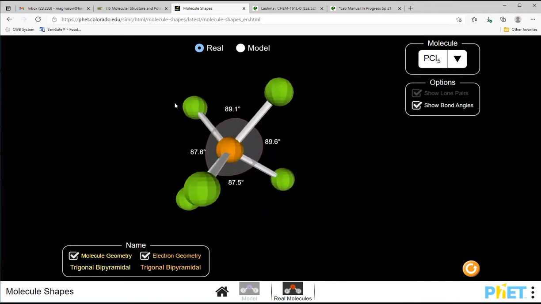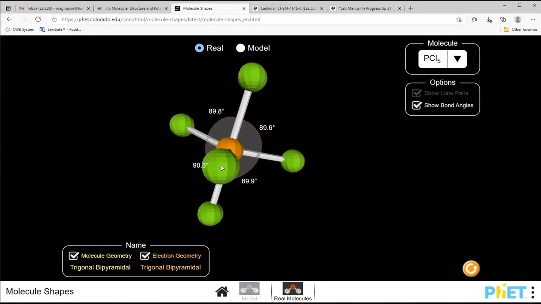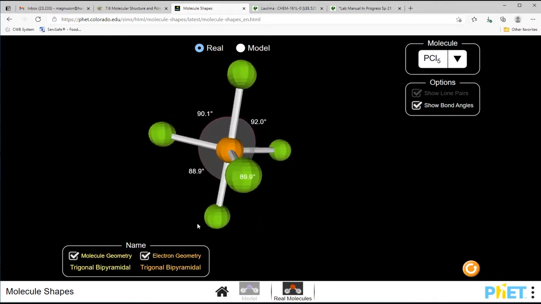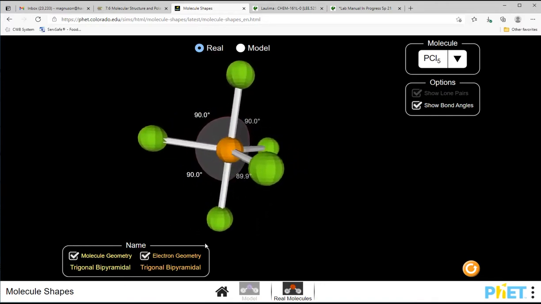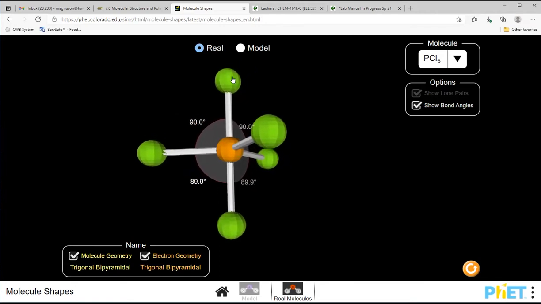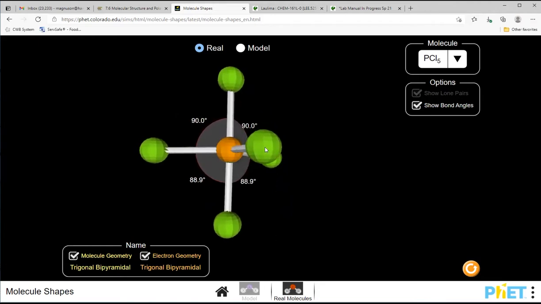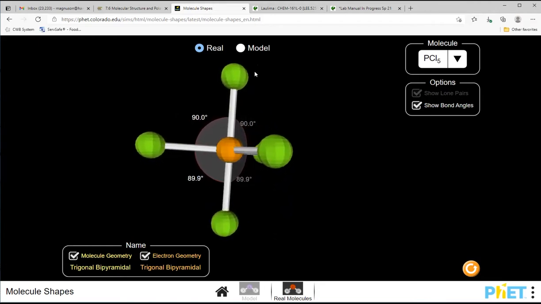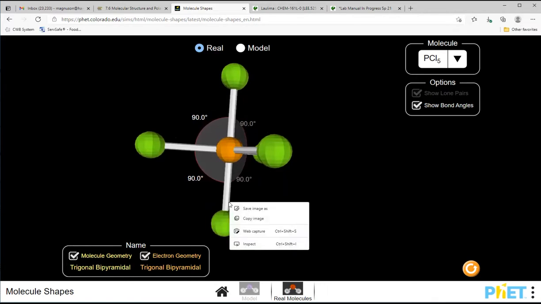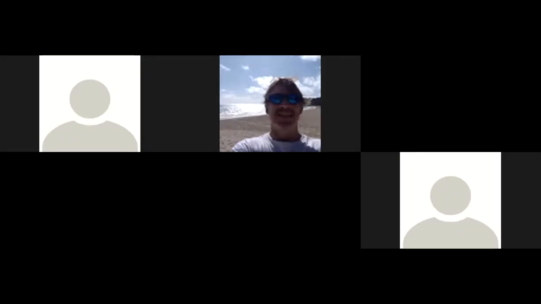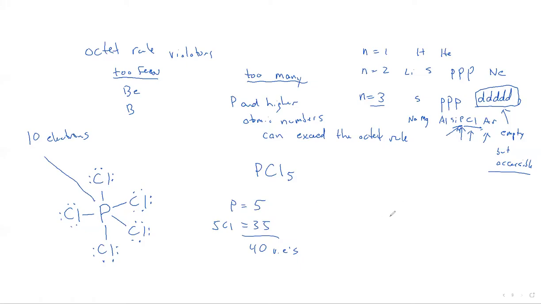How are we going to draw it? I'll put as many in the plane as possible. So I put 3 in the plane, like making a T there, and then 1 coming at you and 1 going away from you. So let's draw it in 3 dimensions.